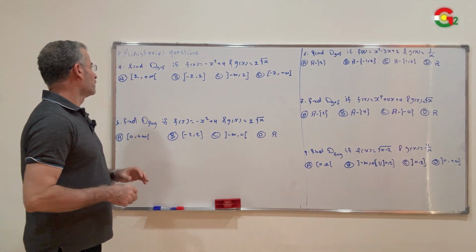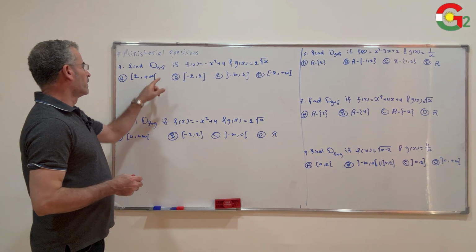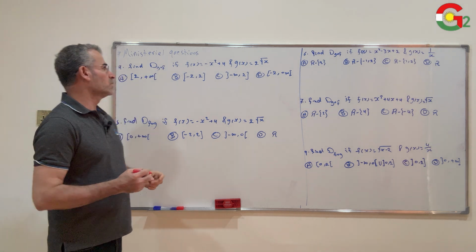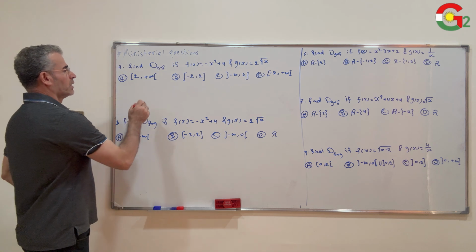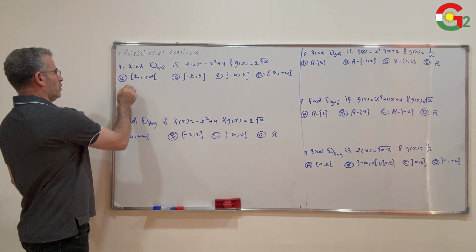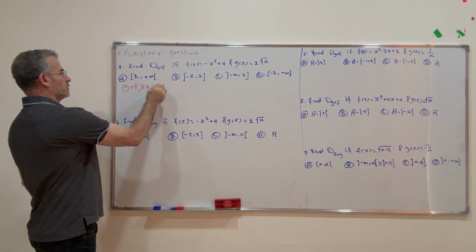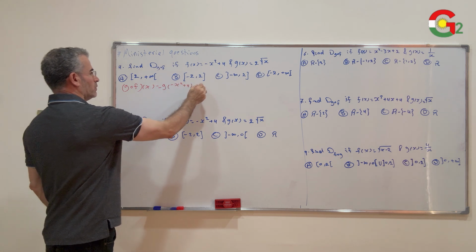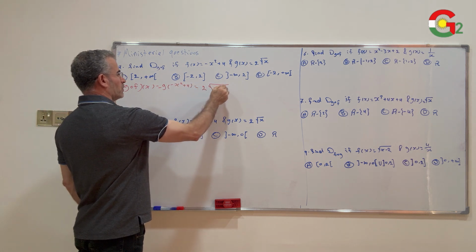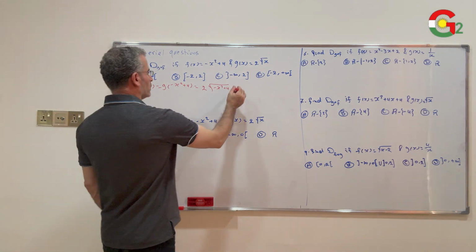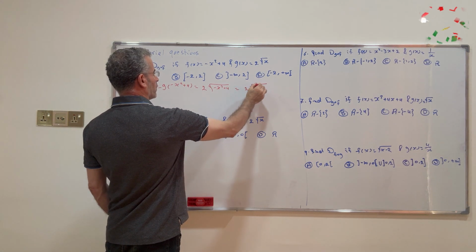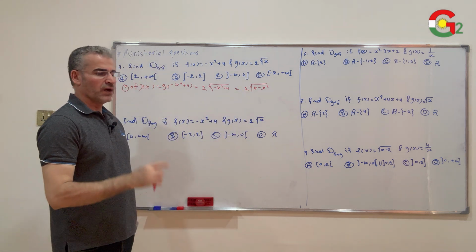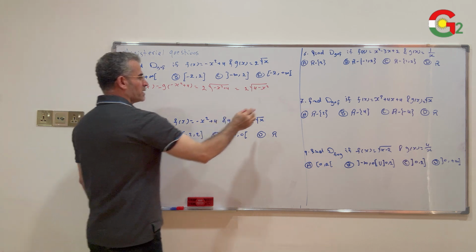Question number 4. Find the domain of the function g∘f if f(x) = -x² + 4 and g(x) = 2√x. g(f(x)) = g(-x² + 4) = 2√(-x² + 4) = 2√(4 - x²). Under the square root I have a negative x² term.